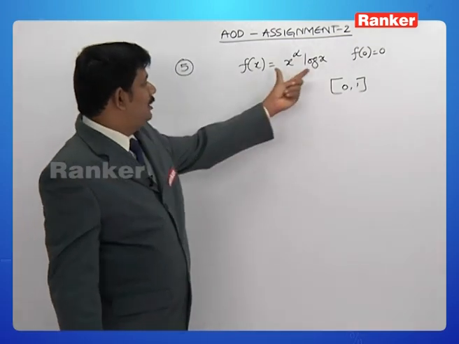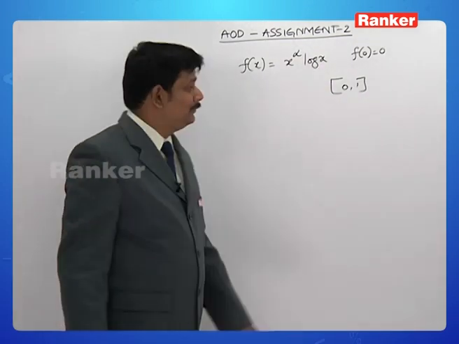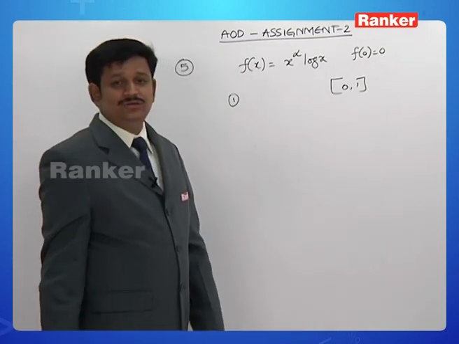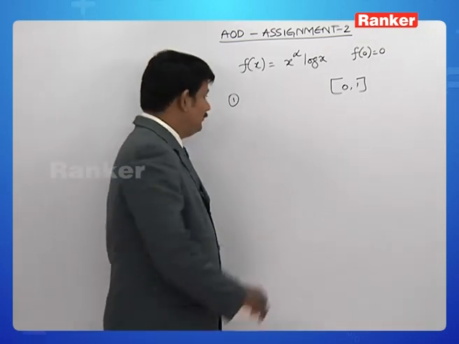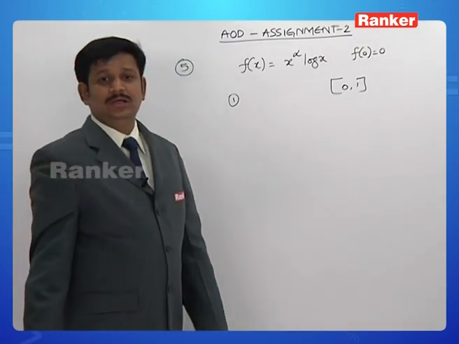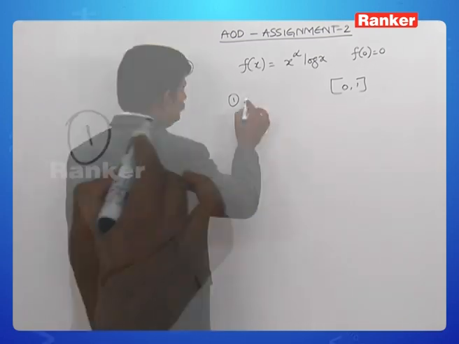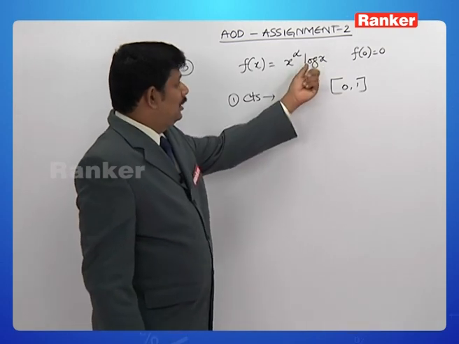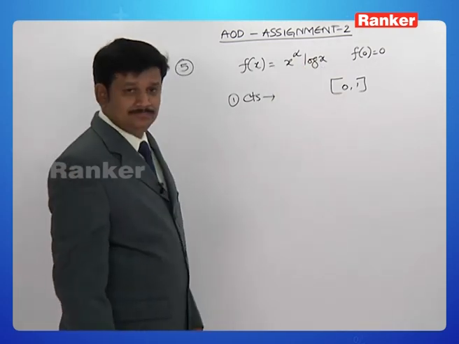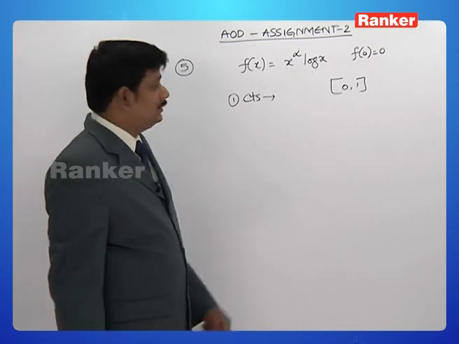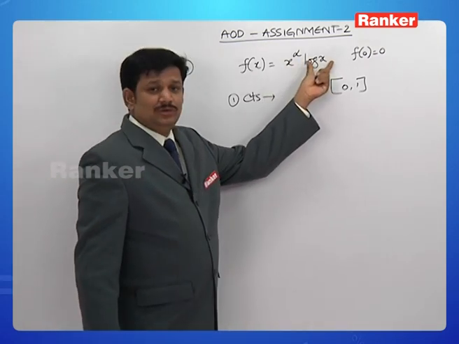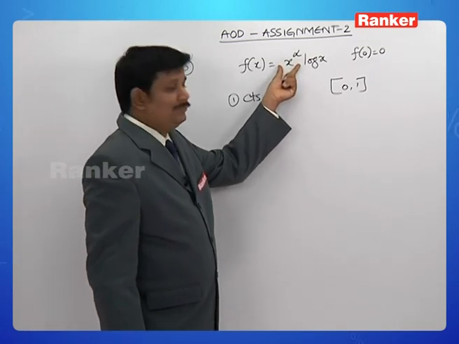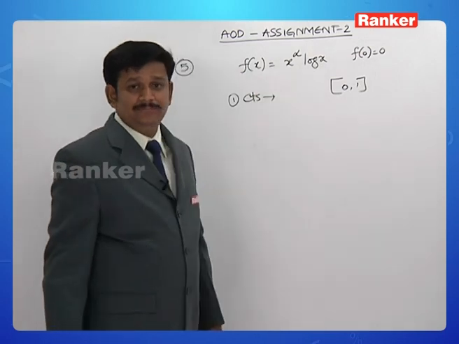To apply Rolle's theorem on any function in interval a to b, there are three conditions. First, the function should be continuous in the closed interval 0 to 1. Now we can see log x is a continuous function in open 0 to infinity, and x power alpha is continuous in open 0 to infinity.